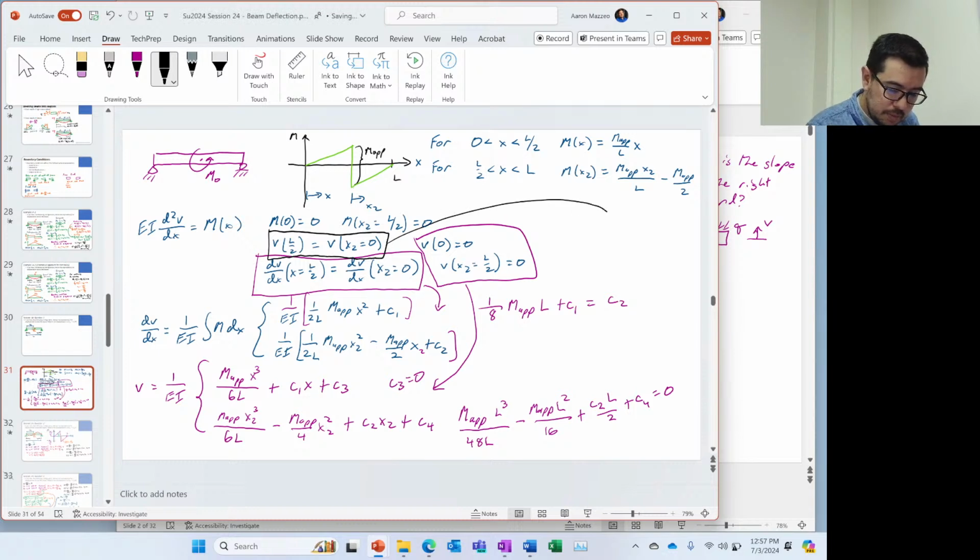So now, what we can say, okay, is that at v of L over 2, so we plug in L over 2 here, all right, so we get mmap L over 2, so that's going to be 8, 6 times 8, 48, so we get L squared.